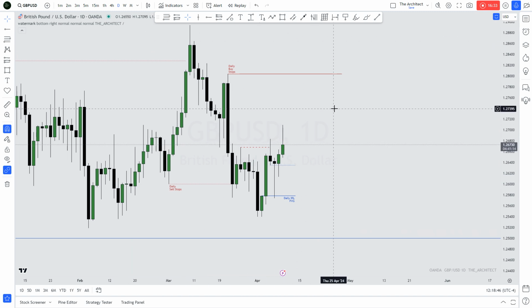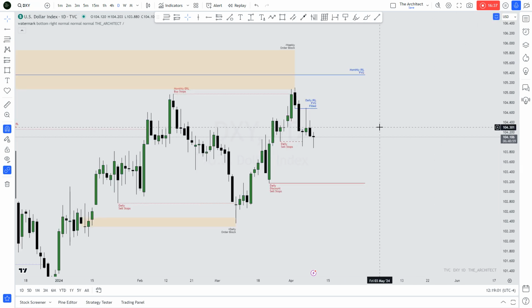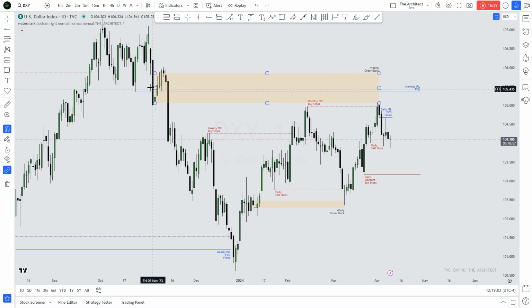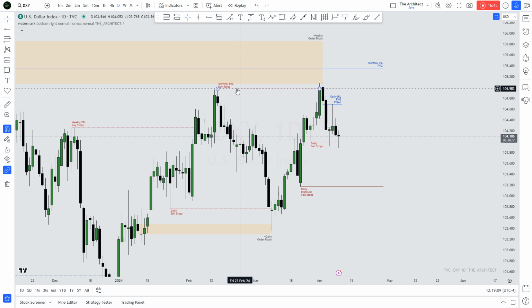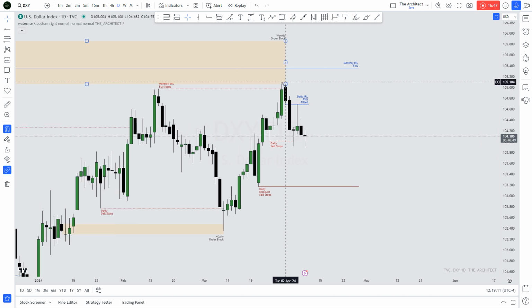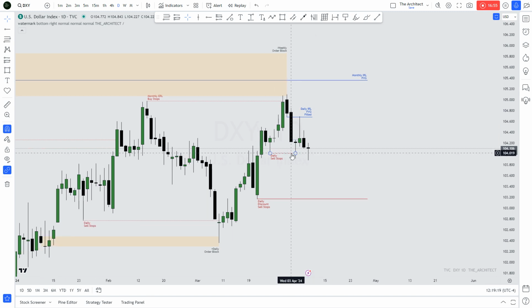But with that being said, let's go into DXY and see what the DXY is saying. If we're looking at the DXY, we can see that we're coming off of a weekly extreme point, a very important point. We have taken monthly buy stops over there. So this essentially means that smart money would then distribute at this point. We got a market structure shift, indicating that price is most likely going to be reversing, and we pull back into a fair value gap.